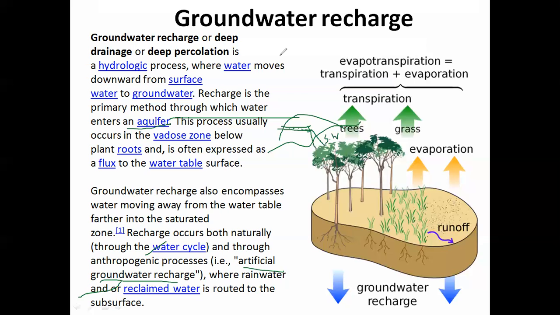So in the diagram you're seeing that mainly through infiltration recharge is happening, and sometimes runoff. If this runoff takes place in the rock strata, there are some more features like an aquifer where it can hold the water. So there also some recharge will take place. Okay, so we move on to the next thing.